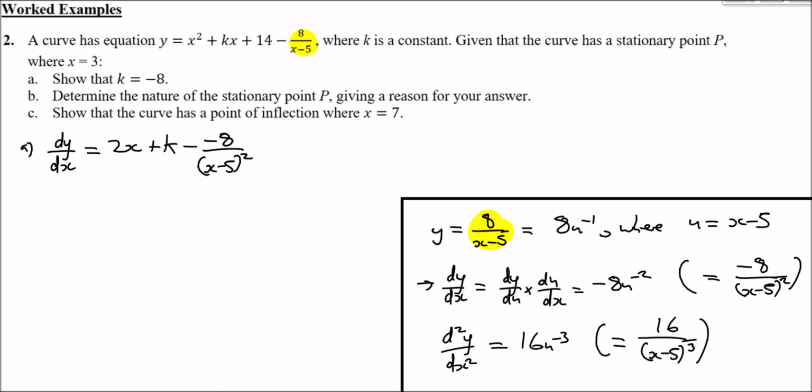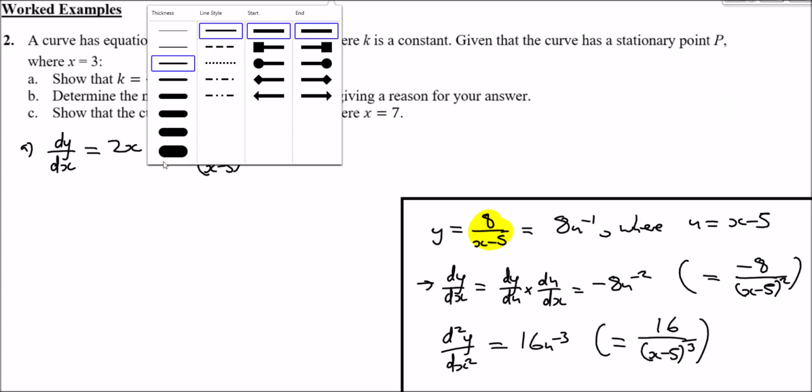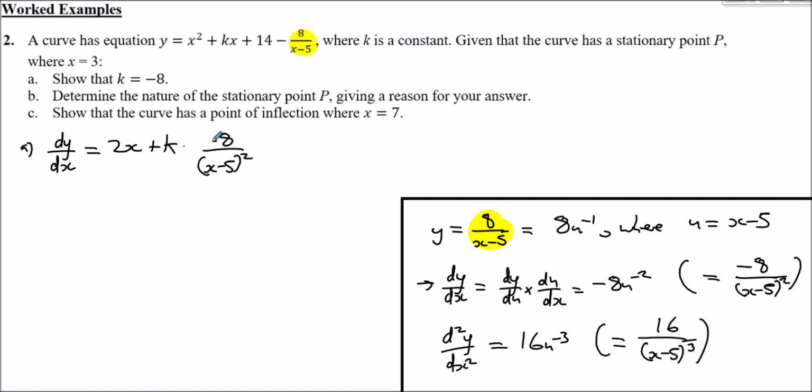But to make this read slightly less confusingly, I'm just going to change the minus to a plus. I'm going to say that's equal to 0, of course, at a stationary point.